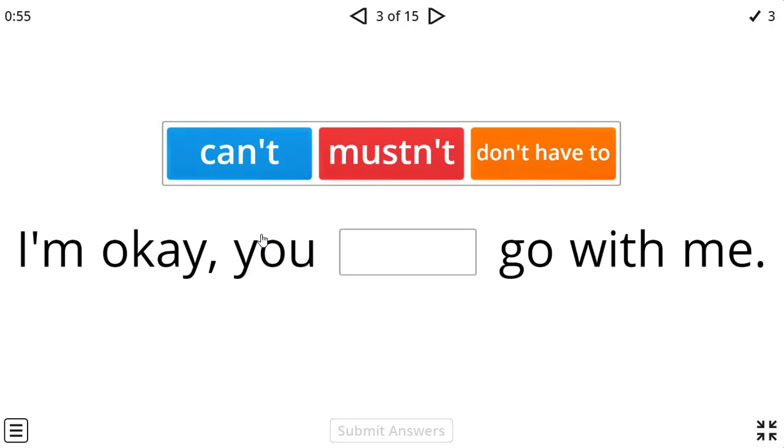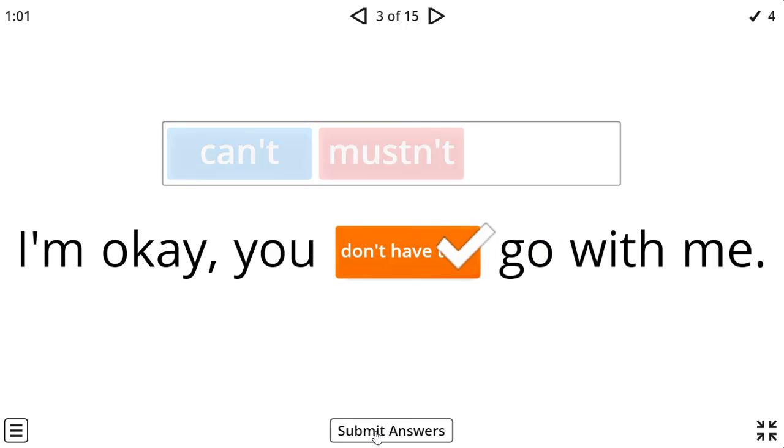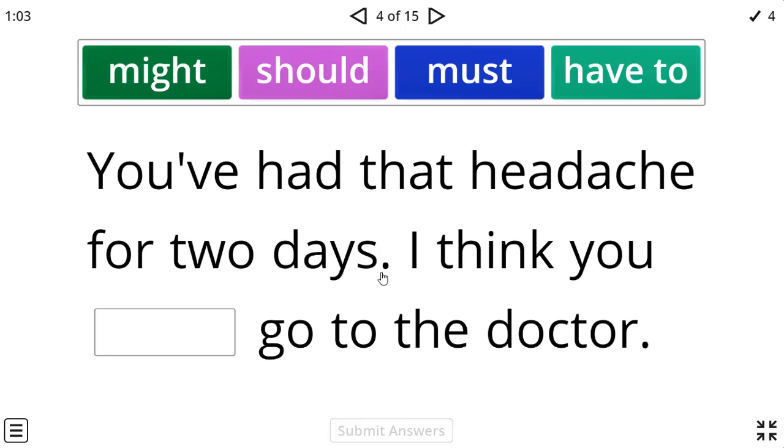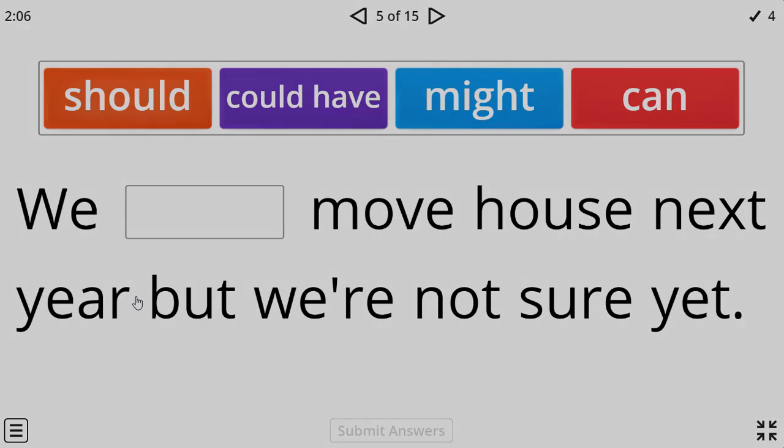It's okay, you can't, mustn't, don't have to go with me. Great. Why? A lack or absence of necessity. This one is easy for such brave men. Let's try to do this. We should or could have or might or can move house next year, but we are not sure yet.